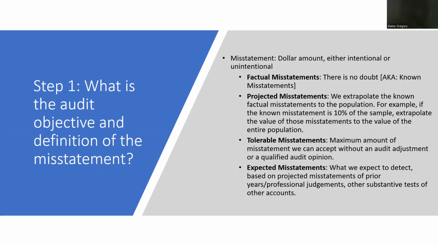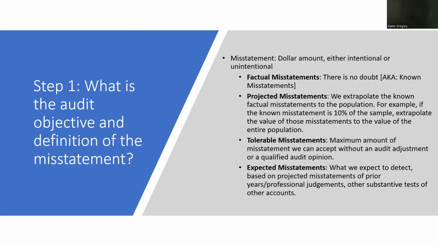So say our factual misstatements were 10% of the total sample size. You're now going to take that calculation and extrapolate it out to the entire population. So you have to find out what the total population of accounts payable is, which is the account balance, and extrapolate what 10% of that total population is.